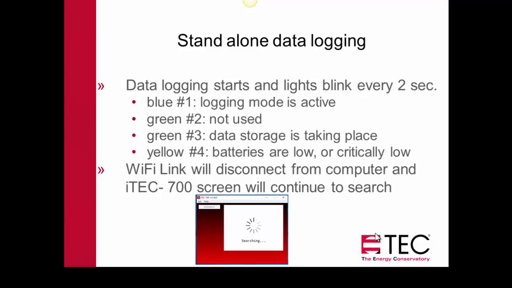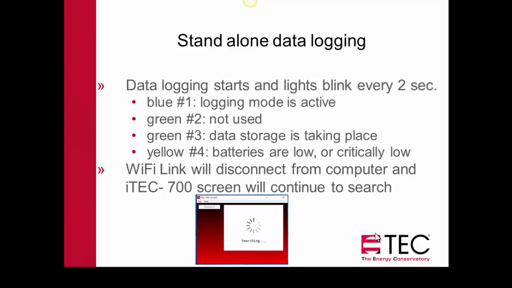And then your iTEC-700 screen will lose connection with the computer. The Wi-Fi link and the computer lose that connection, because now you're not in the access point mode anymore. You're now in the data logging mode.